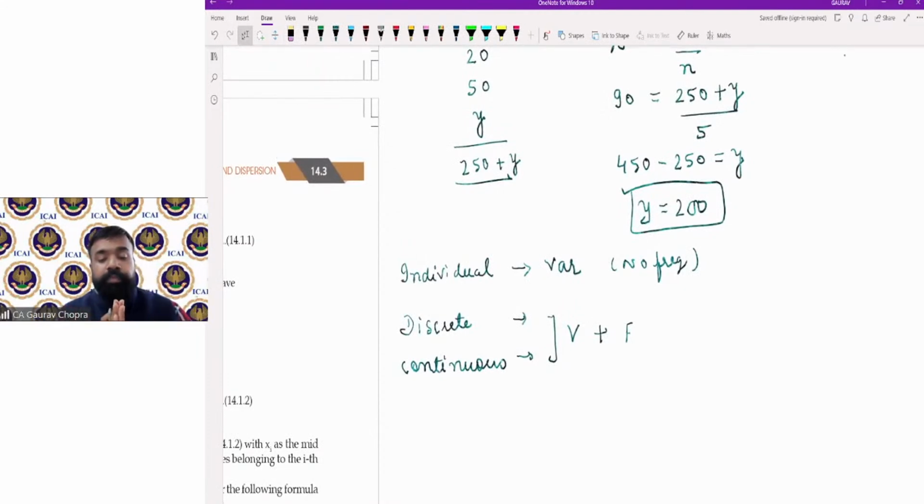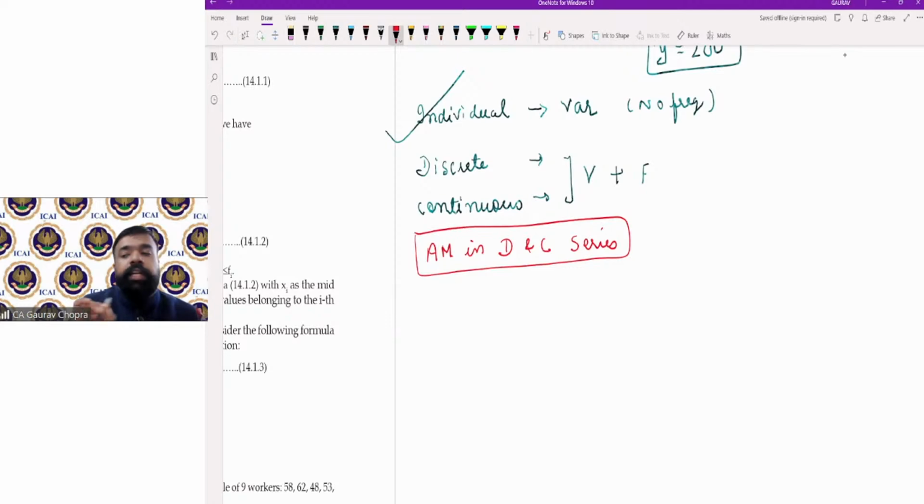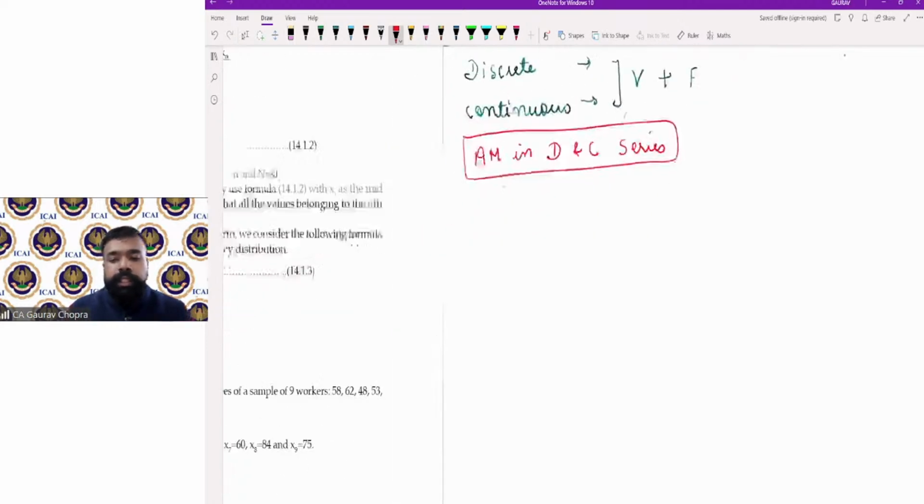In the above questions, only x was given. Whenever only x is given, and there is no frequency, you have to use the above formula. The formula we used above is for individual series. But if you have to calculate average for discrete and continuous series, then the formula will change. Let us write the formula for arithmetic mean in discrete and continuous series.